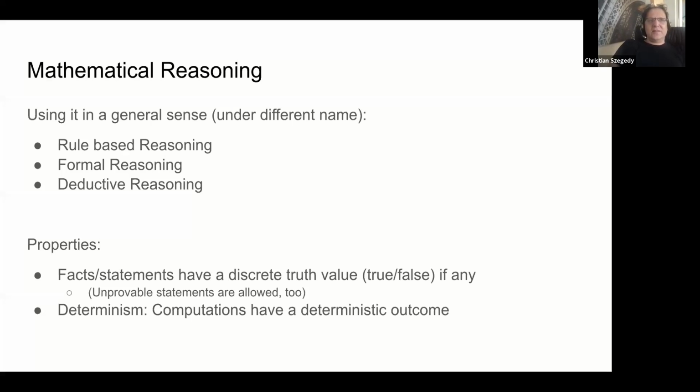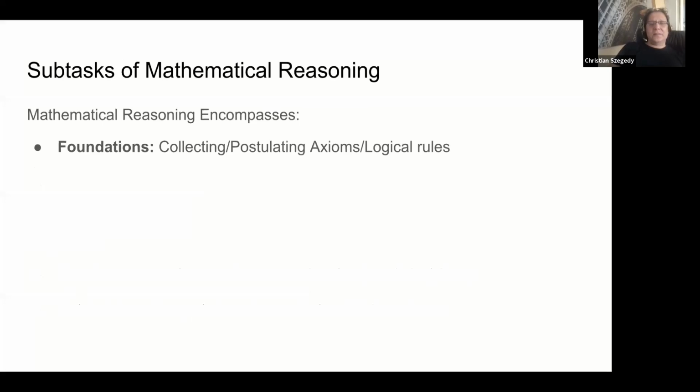Every large enough axiom system has statements that cannot be proved, but if you can prove or refute a statement, then it's either true or false. Also, the computations are deterministic. So once you prove something, you can trust that that statement is true. You don't have different outcomes at different times.